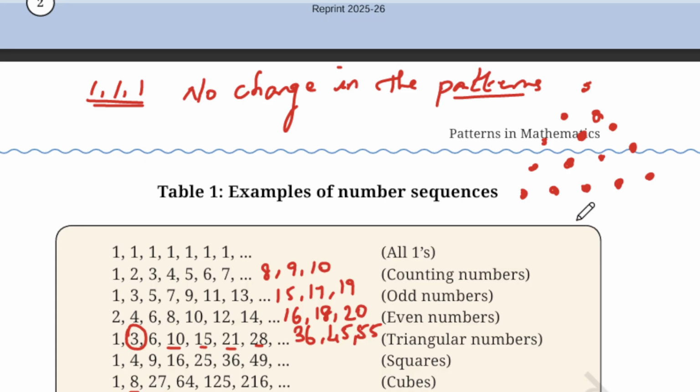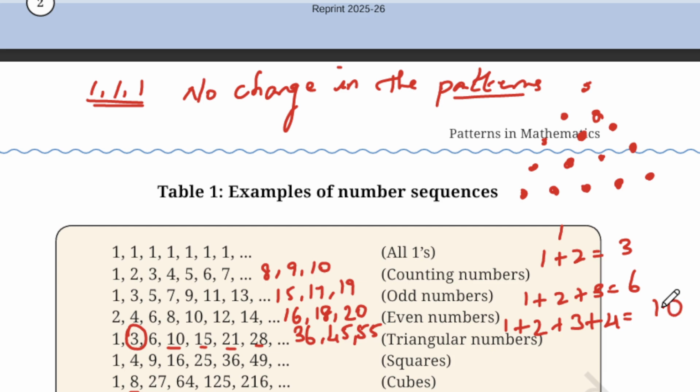First we have number 1. Next 1 plus 2, we have 3. Next 1 plus 2 plus 3, we have 6. Next 1 plus 2 plus 3 plus 4 is equal to 10.